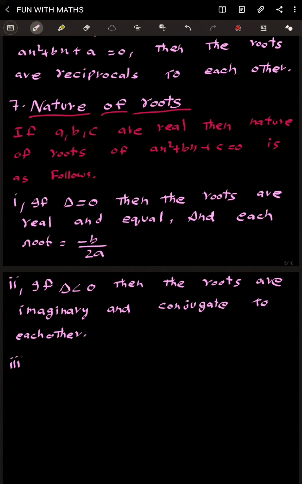So in third case, if delta is greater than 0, then the roots are real and distinct.